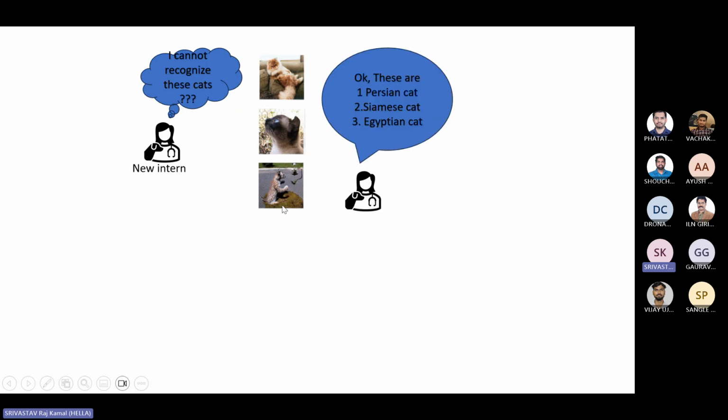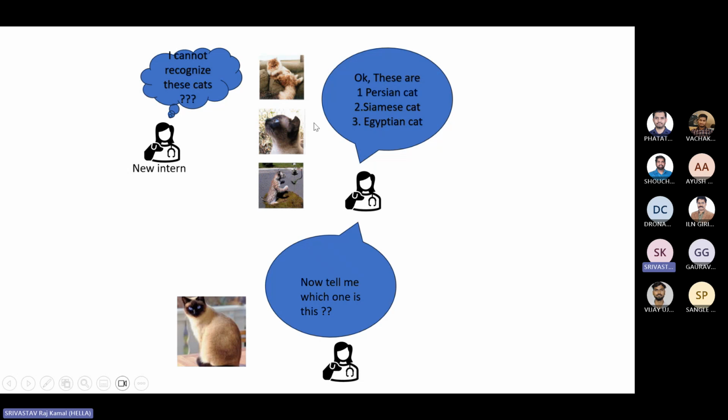Now say the person who is being replaced by this new intern tells her that the first one is the Persian cat, this is a Siamese cat, this is an Egyptian cat. Now suppose these are 100 cats. Then the doctor asks her which cat this is out of those hundreds, which was shown to her once.